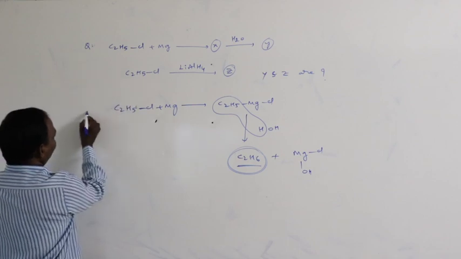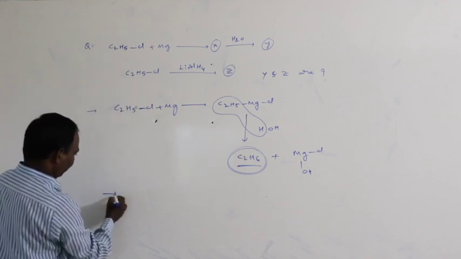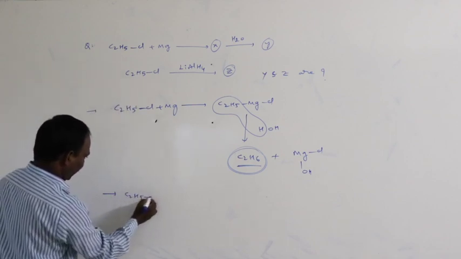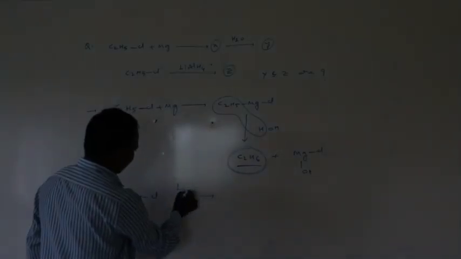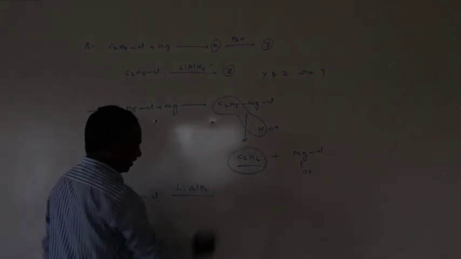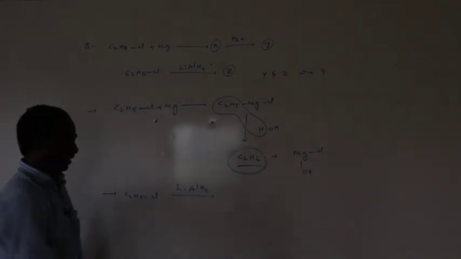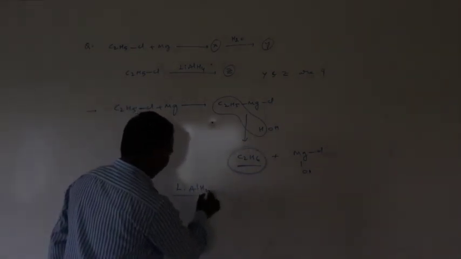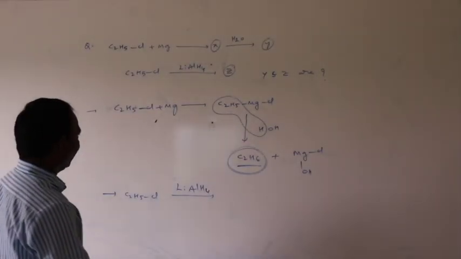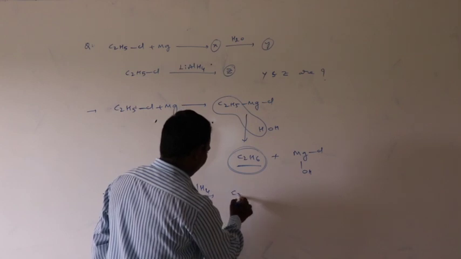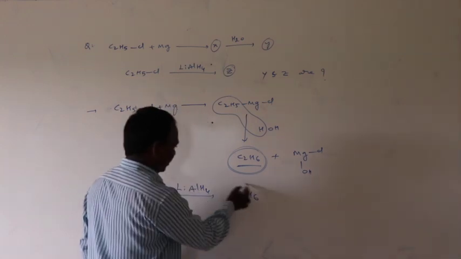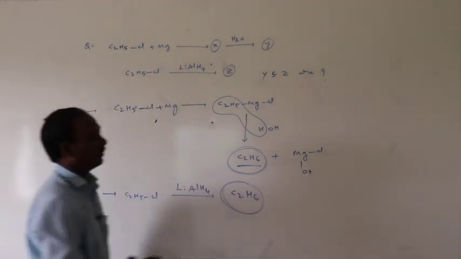And second one, ethyl chloride, C2H5Cl with lithium aluminum hydride, LiAlH4. Then what happens? A reduction reaction takes place. It gives ethane, C2H6.